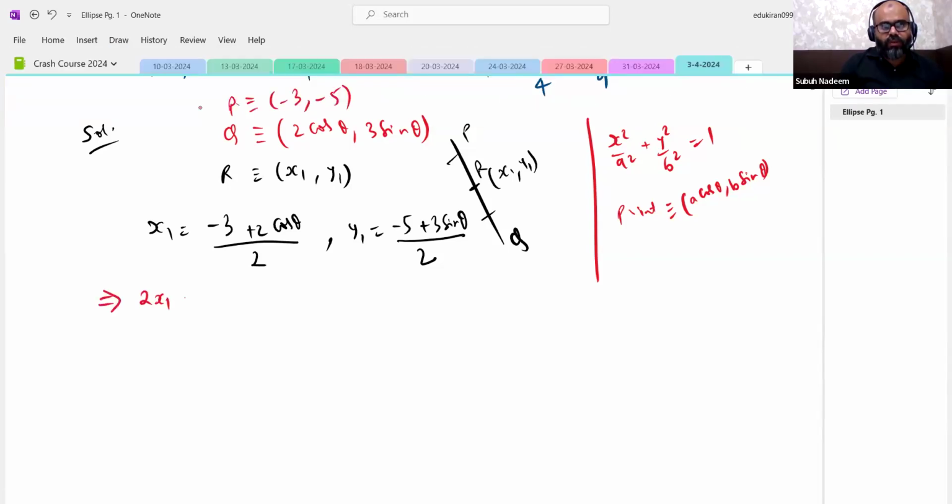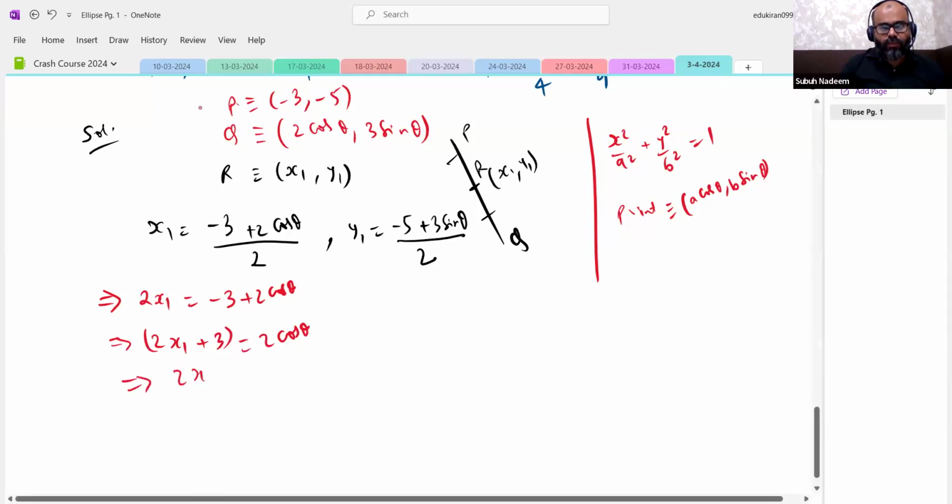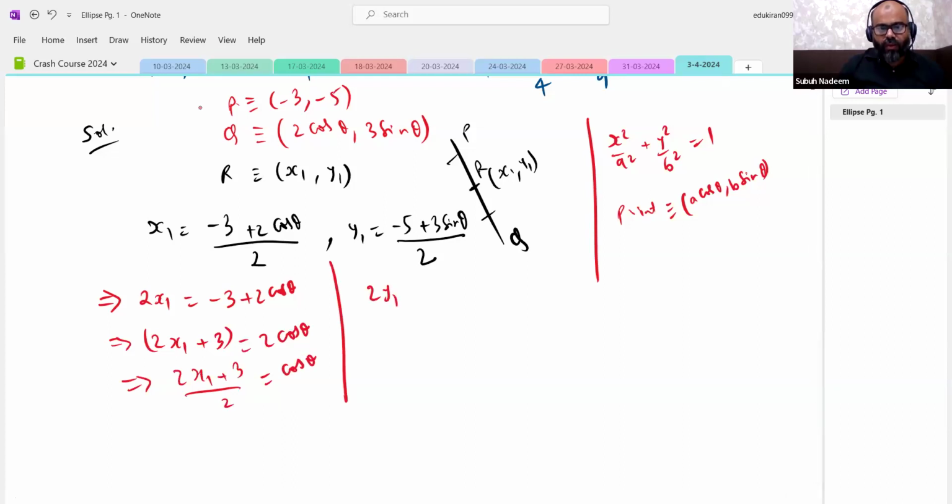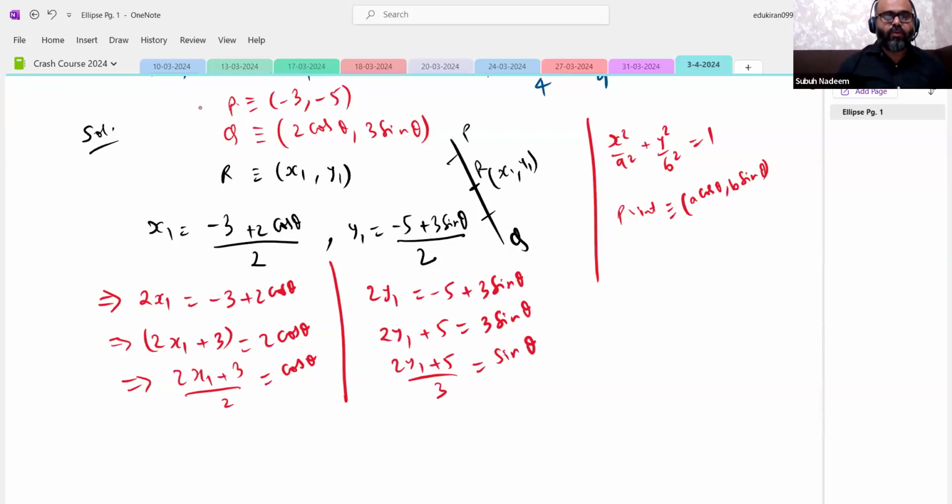Cross multiply: 2x1 is equal to minus 3 plus 2 cos theta, and then 2x1 plus 3 is equal to 2 cos theta, and then we can say that (2x1 plus 3) by 2 is equal to cos theta. So we find cos theta. In the second one, 2y1 is equal to minus 5 plus 3 sin theta, and 2y1 plus 5 is equal to 3 sin theta, and (2y1 plus 5) by 3 is equal to sin theta. So this is what you will get.